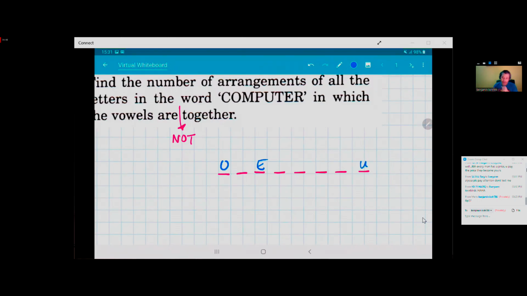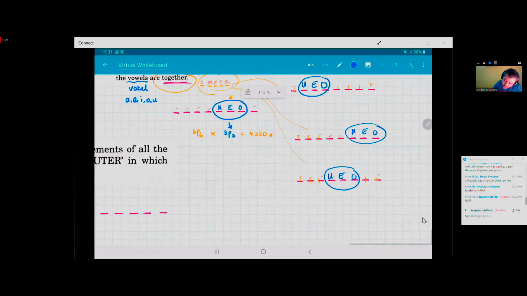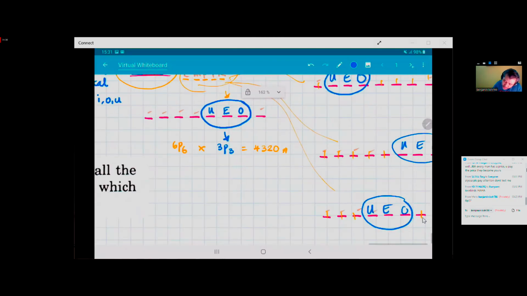So when they say not together, we don't count not together, because that is a very stupid thing to do. You know why? Because there are just so many different possibilities. So just now, remember, together, the answer was 4320, this is vowels together.